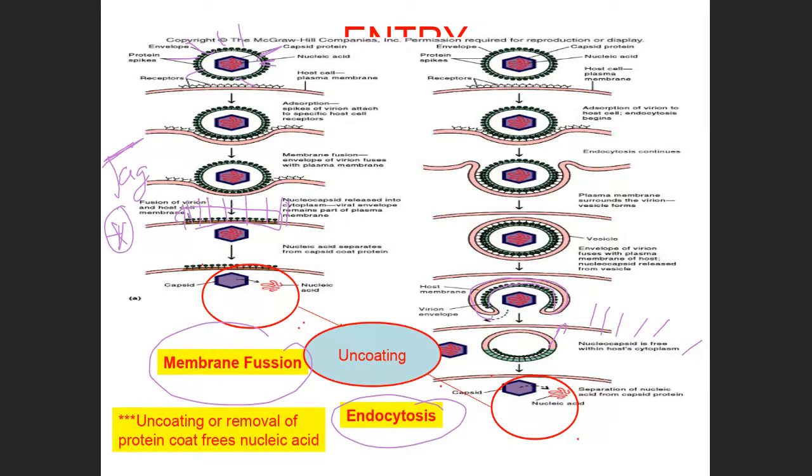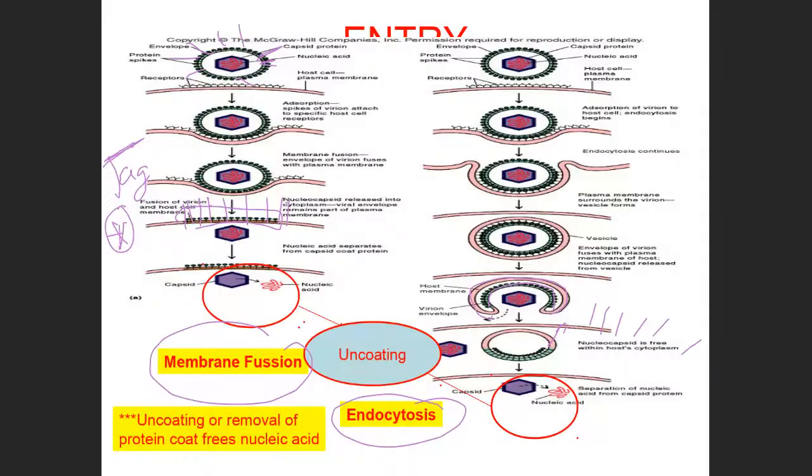Now, both mechanisms end up allowing the virus to enter the cell with its protein coat still surrounding the nucleic acid, which means that in order to free up the nucleic acid, uncoating has to take place. Uncoating is a step unique to animal viruses because the entire virus goes into the host.